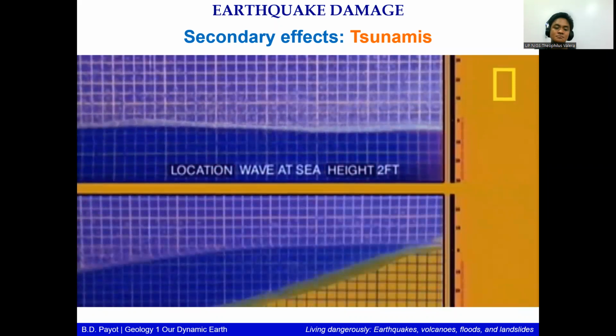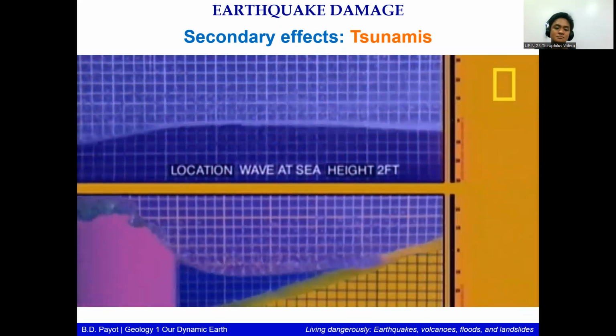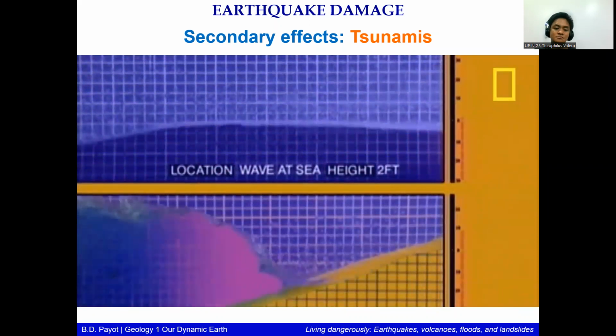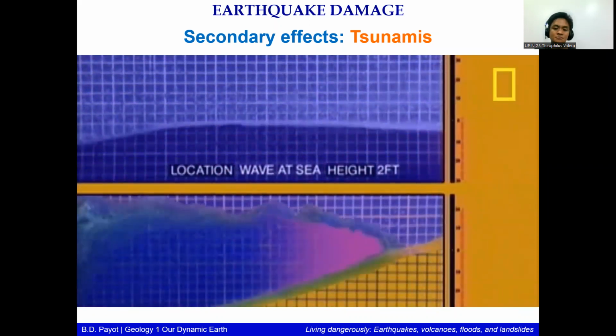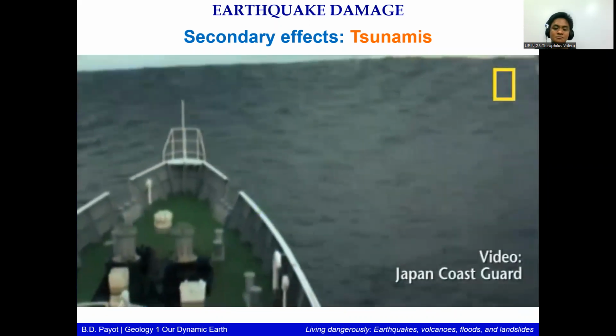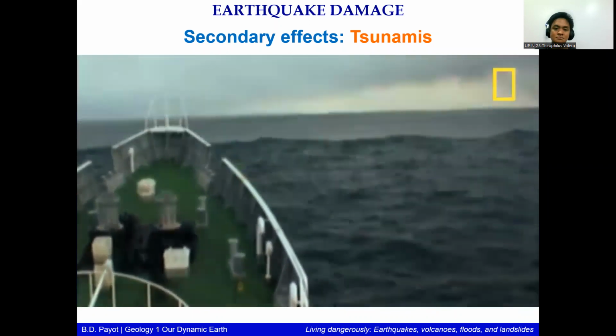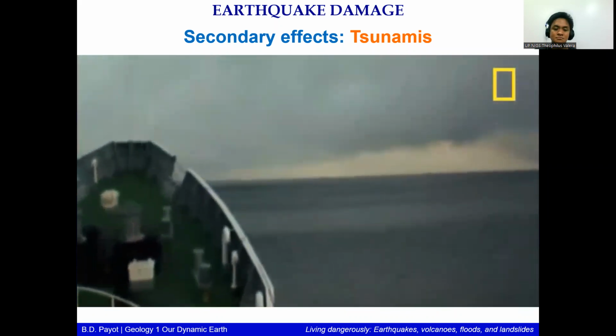A passing ship might not even notice. But as the waves enter shallow waters, friction with the ocean floor lowers the wave's speed, but raises their height. This video is from a Japan Coast Guard ship confronting a tsunami wave in shallow water on March 11.